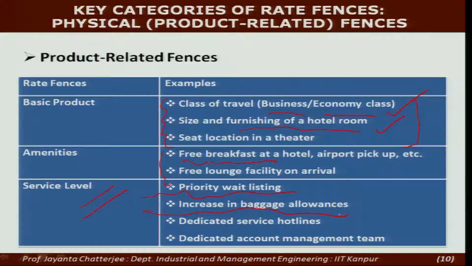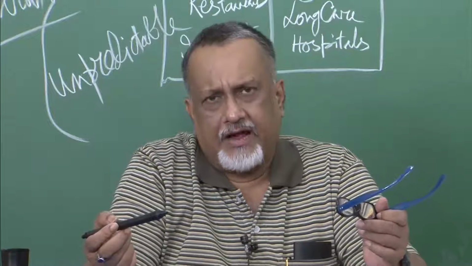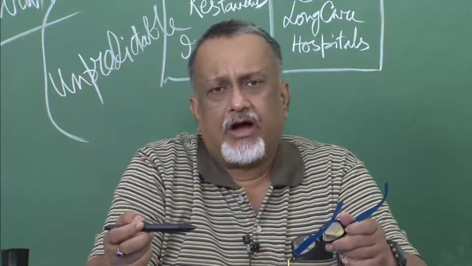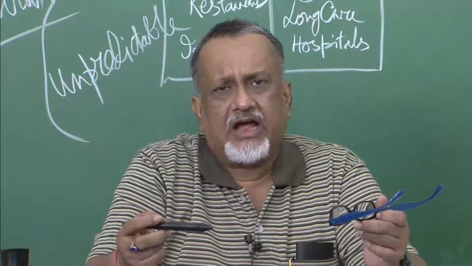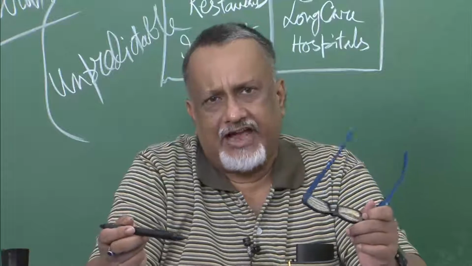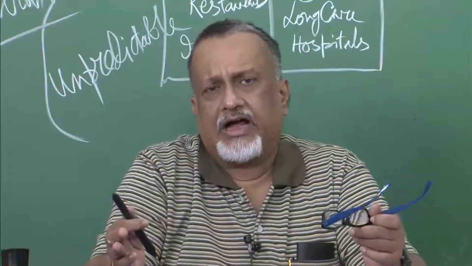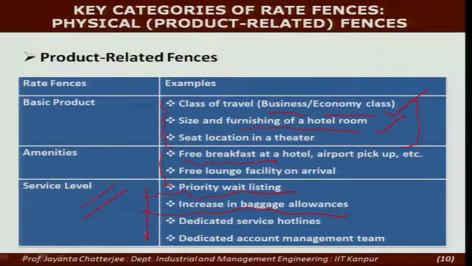Normally all airlines for their business class travelers will provide maybe 30 kilograms of check-in baggage allowance, 10 kg or 12 kg of hand luggage allowance, whereas the economy class will have maybe 15 kg of check-in luggage allowance and maybe 7 kg of carry-on allowance. In some cases there is no free check-in baggage facility. So, as you see, based on service level you can create different kinds of buckets.